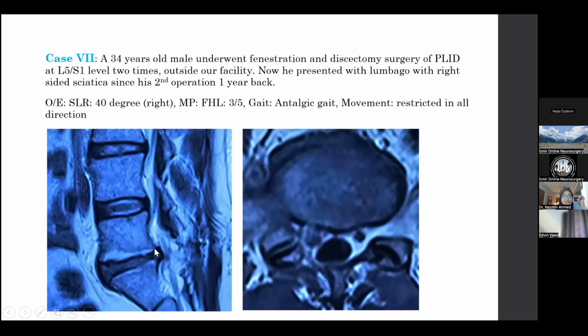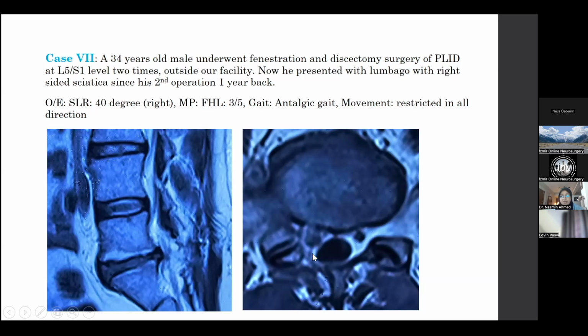In the T2-weighted image, there is evidence of previous fenestration, but also a small herniation of the intervertebral disc at the L5S1 level with classical Modic changes. In the axial section, there is a mass. We could not detect whether it is nerve root or something else.